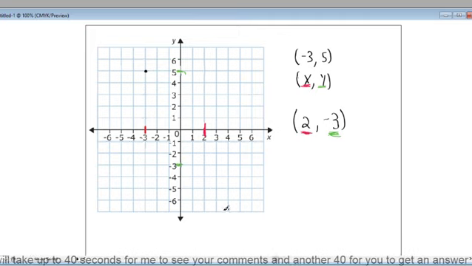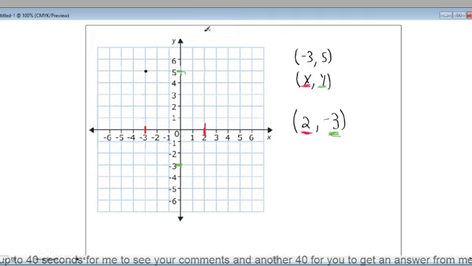And where are both of these going to cross? Well, this one's going along this line right here. This one's going across this line right here. So they're going to meet right at that point in between the two of them. So right there.